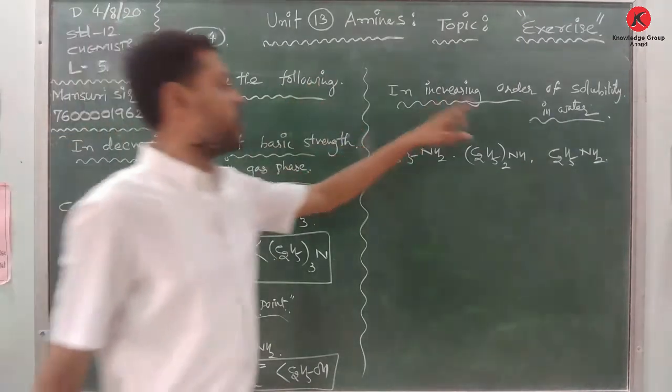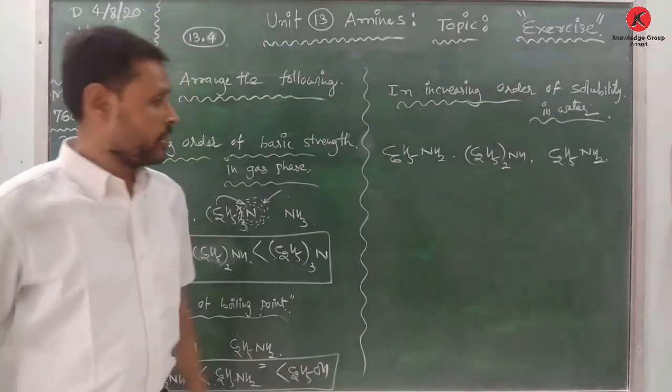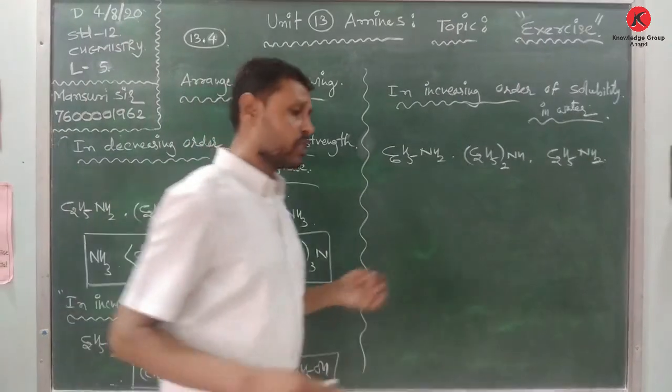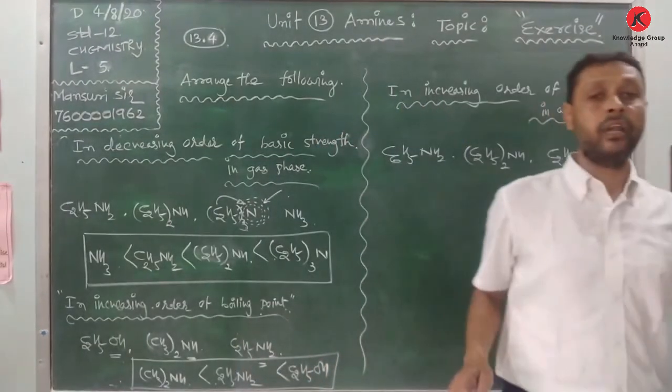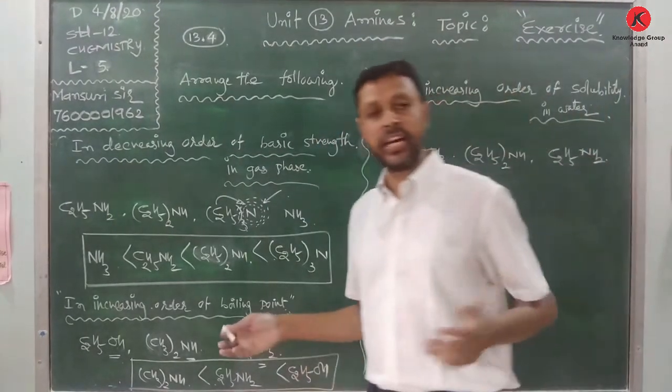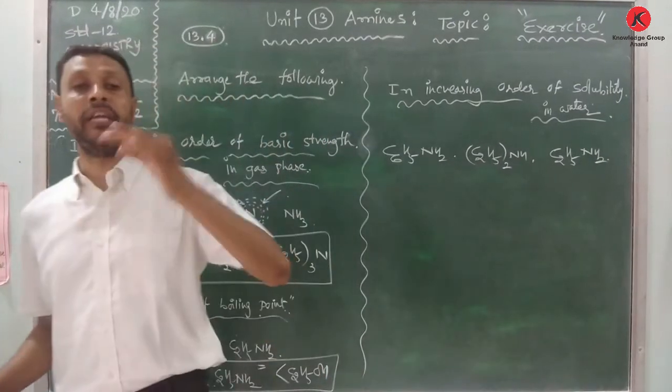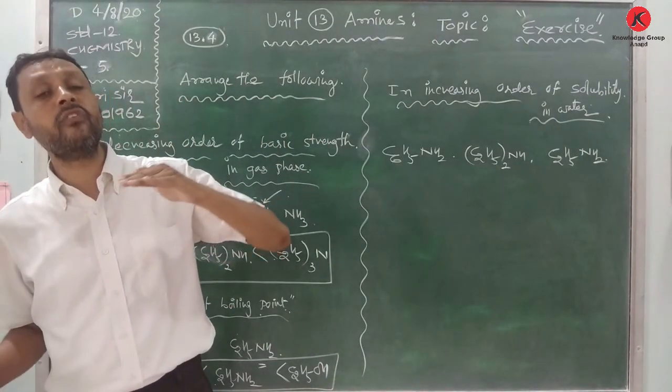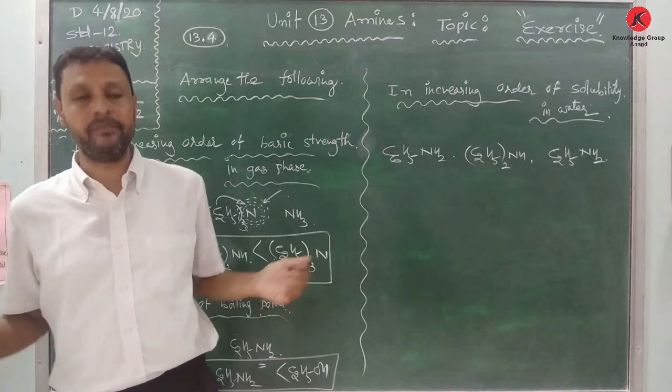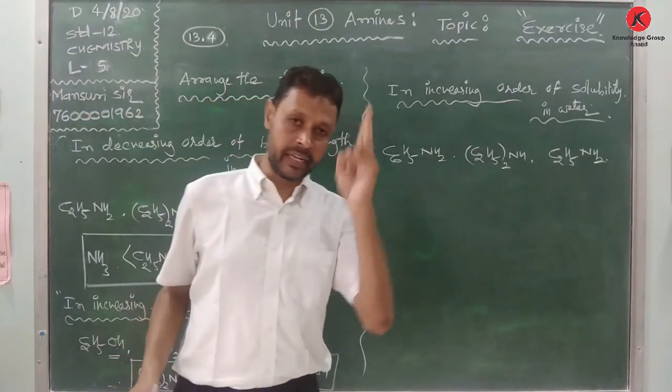Thereafter, increasing order of solubility in water. You know very well that a substance which contains fewer carbons has more solubility, but as the number of carbons increases, solubility will decrease.